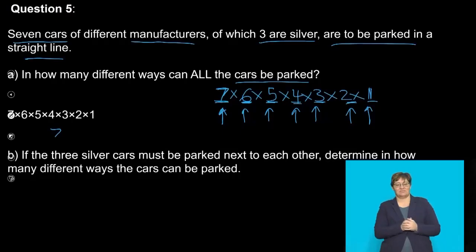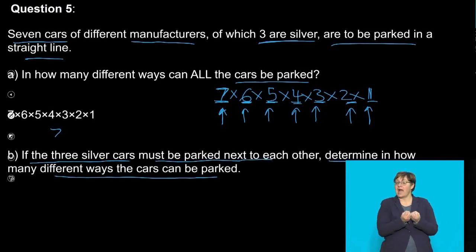So it's still the same question where we have 7 cars of different manufacturers. 3 are still silver. Are we all together? They are to be parked on a straight line. Now, if 3 silver cars must be parked next to each other, determine how many different ways the cars can be parked.